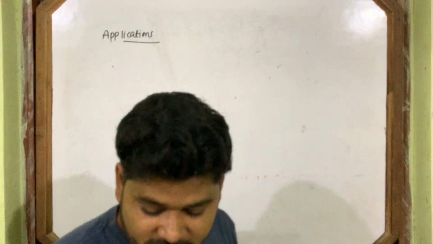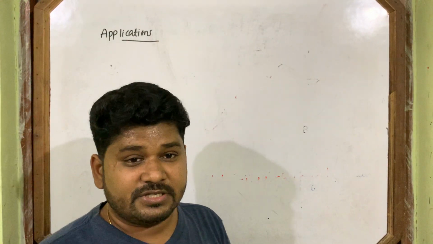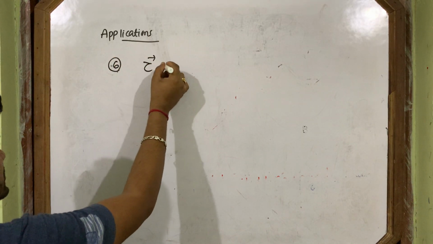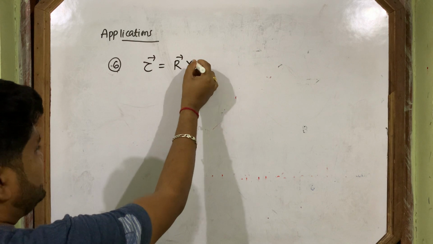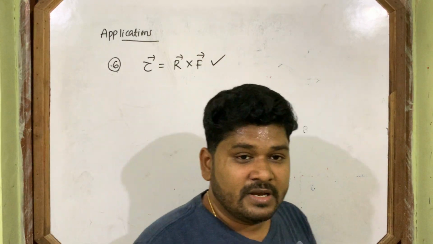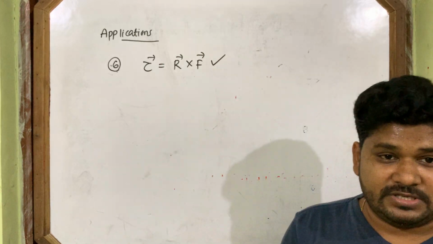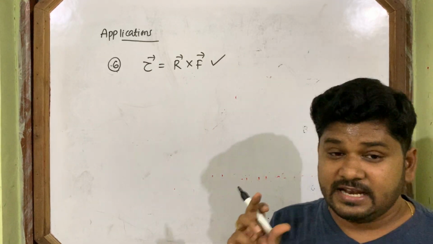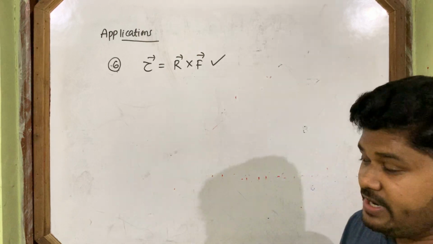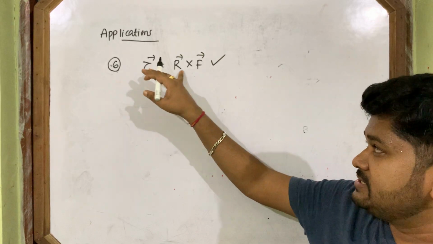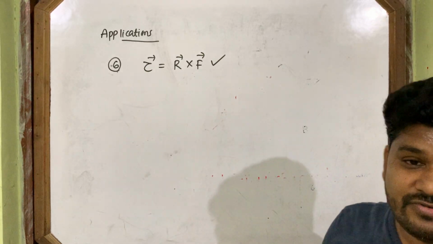Then cross product is used in many chapters. So you will see application number 6. Torque tau is equal to R vector cross F vector. This formula you will read in rotational motion chapter. Cross product is rigorously applied in rotational motion chapter. So this is the torque, this is the radius vector, this is the force.